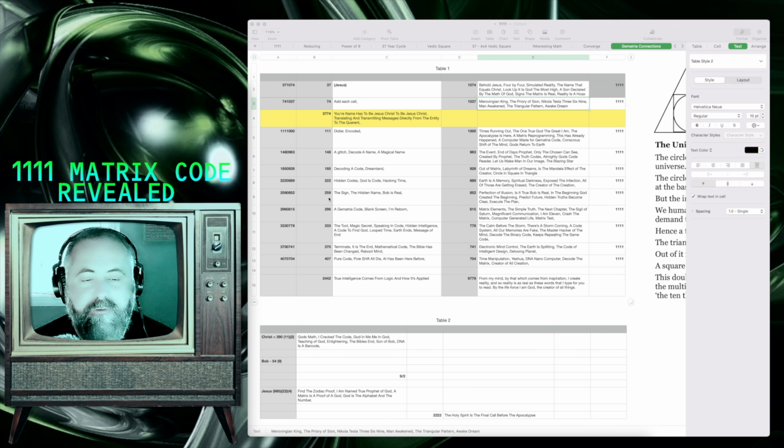2590852. So 259 is before the split, and we get the sign, the hidden name. And then we get Bob is real. Now, again, how interesting that we're getting Bob is real.